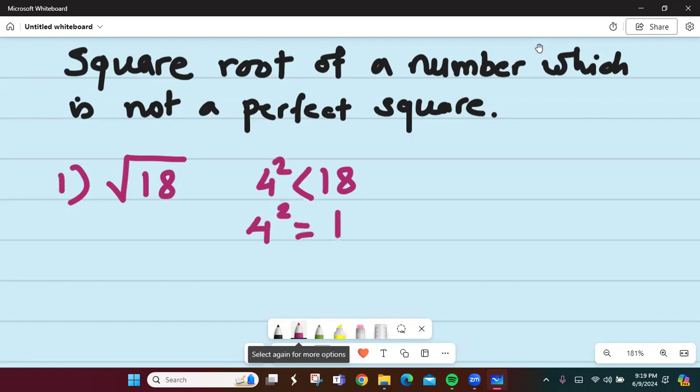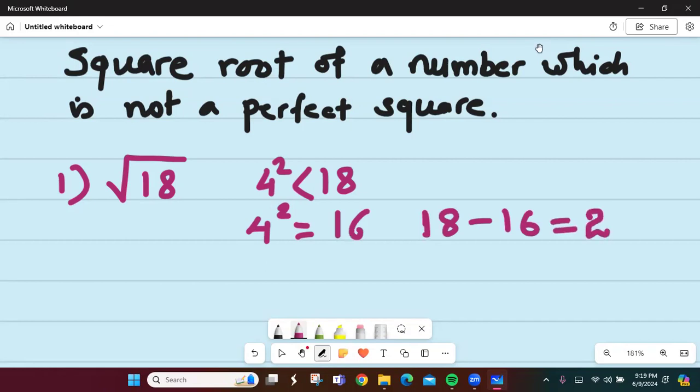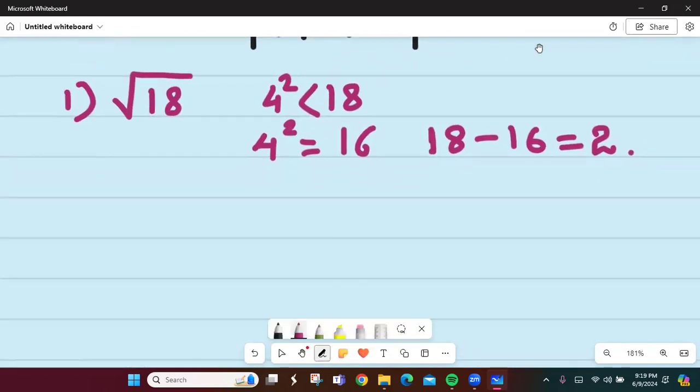And the difference between 18 and 16 is 2. So to find out the square root, since the nearest perfect square is 4, write 4 here.